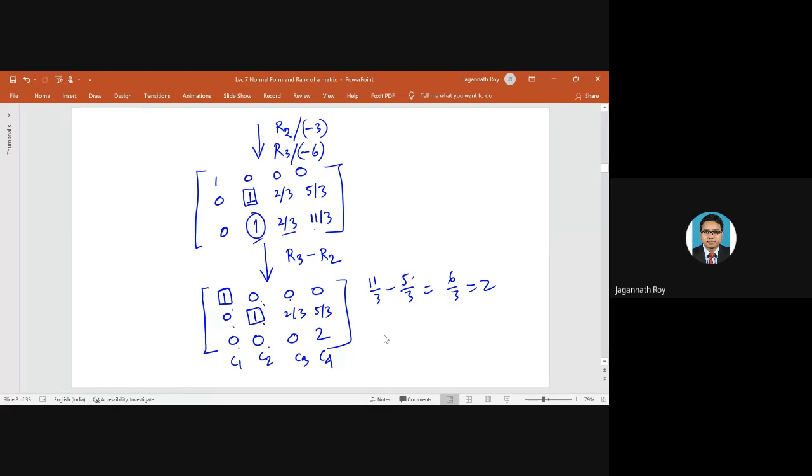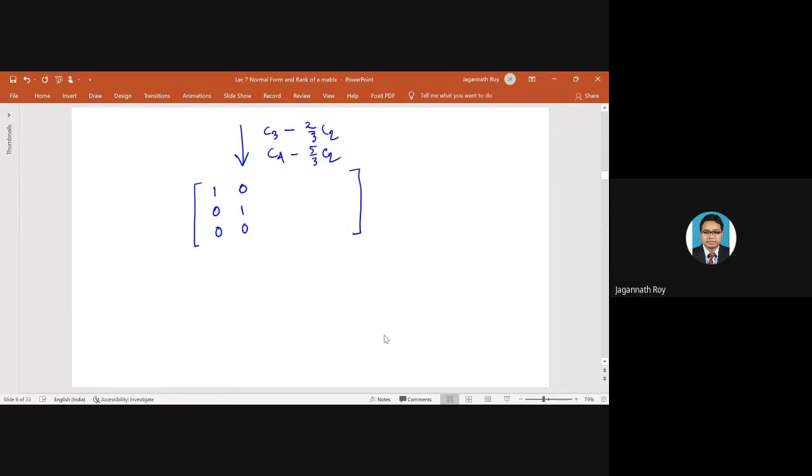Now what we are doing here is C3 minus 2 by 3 into C2. So this will be 2 by 3 minus 2 by 3, so this becomes 0. So 0, 0, 0.